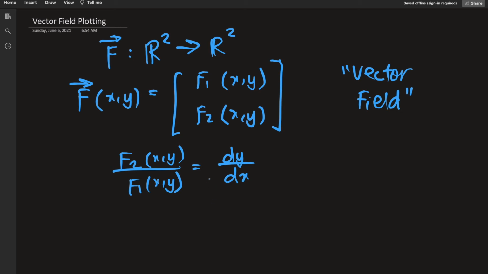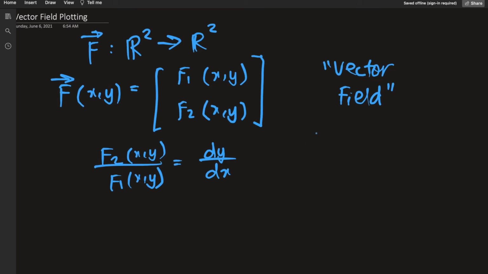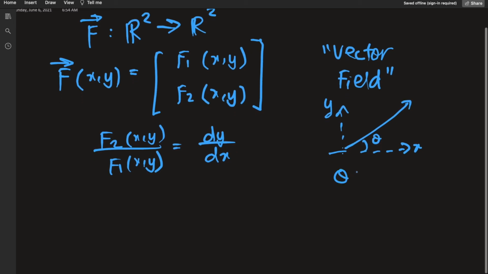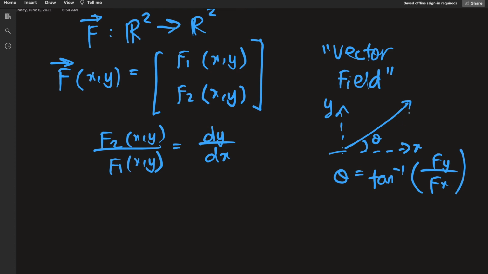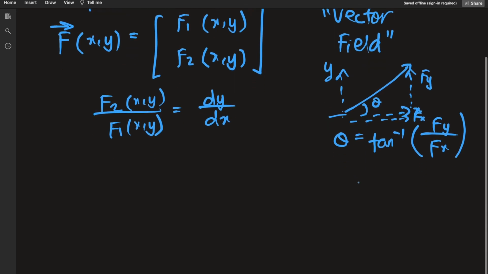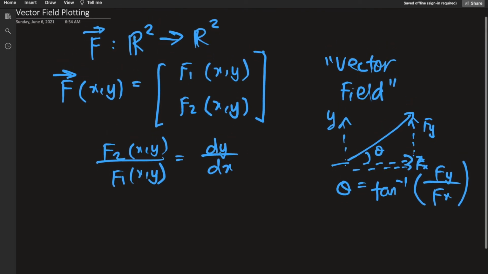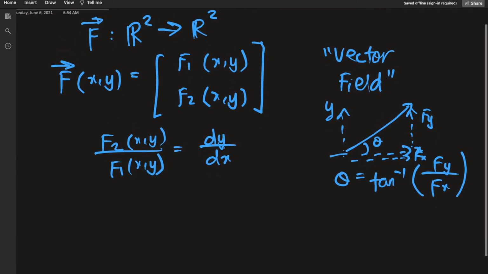Because if you remember how to calculate the angle between the x-axis and the vector itself, theta was just the inverse tangent of the y component divided by the x component. So I'm using the same principle here, but I'm setting it to dy over dx because that's the slope of the tangent vector.